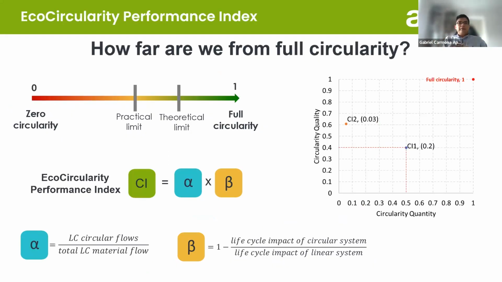So going deeper into the indices, this will be an index that will allow us to measure how far we are from full circularity. So it will go from 0 to 1. And I want to highlight here that full circularity, as I mentioned, because of the physical laws restrictions, we will have to be coherent with those laws and define what are my practical limits and my theoretical limits.